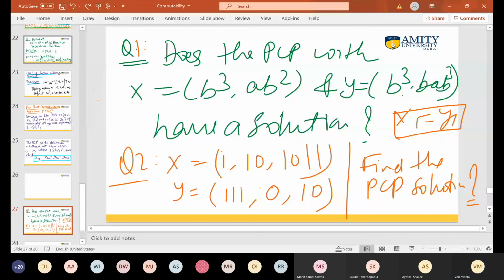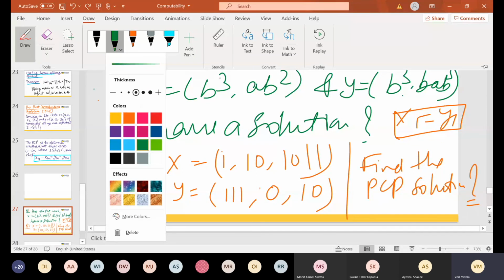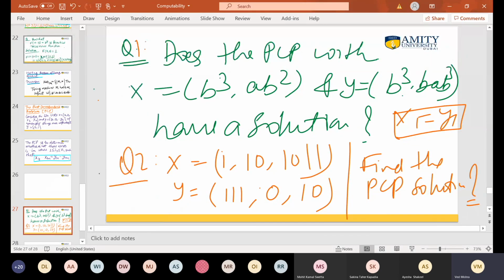Can you check the combination of 3 1 1 2? Are you able to get it with 3112?